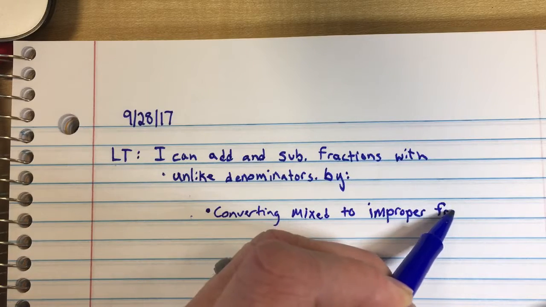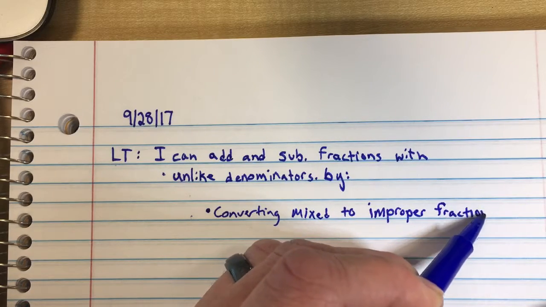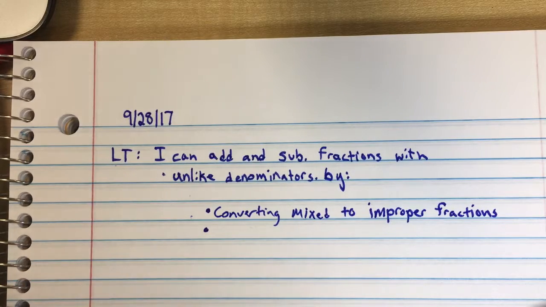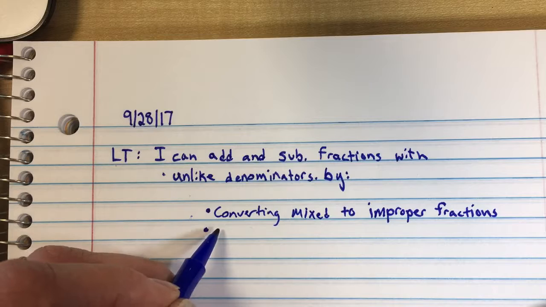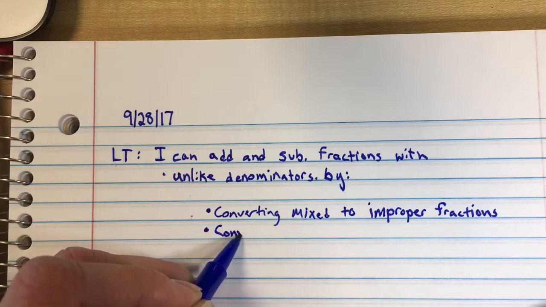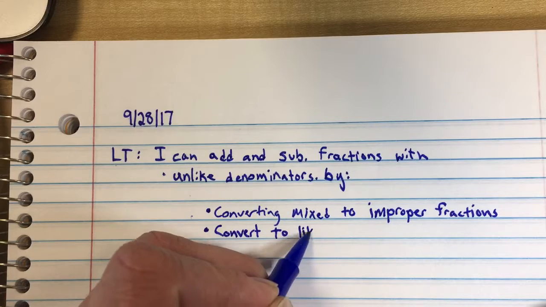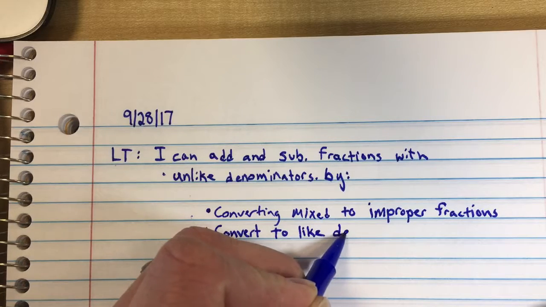And the second thing that we have to do today is look at something called a like denominator. We can convert mixed to improper fractions and convert to like denominators.